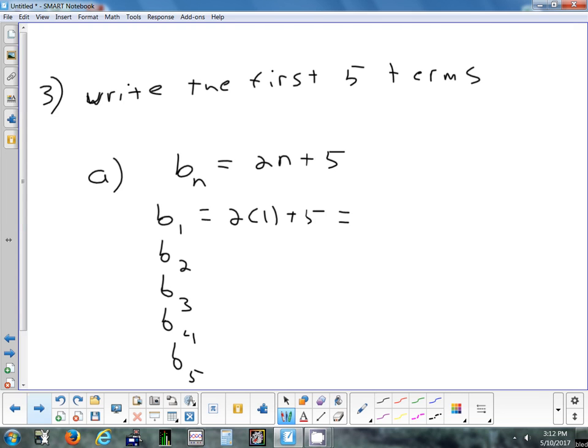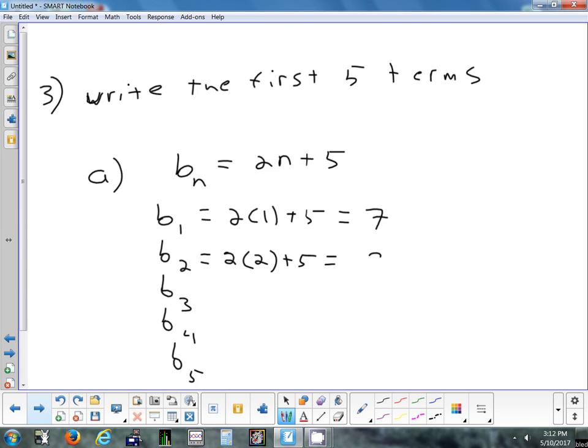So what is this? This is just writing out terms given an explicit formula. So what's the first term? 7. How would you find the second term? You would put a 2 instead of n. What would the calculation be? 2 times 2 plus 5, which will equal 9.